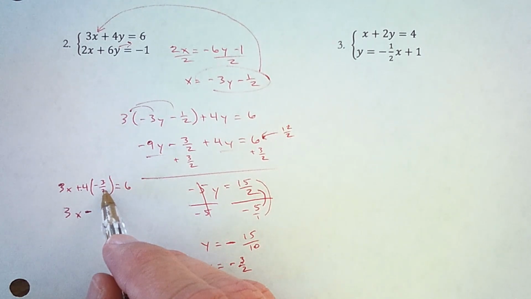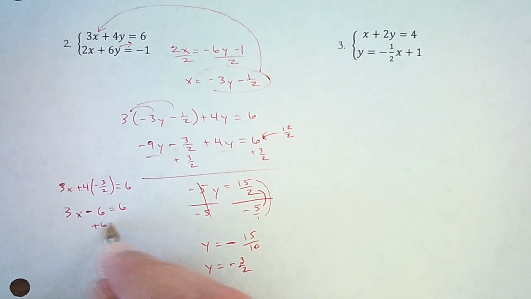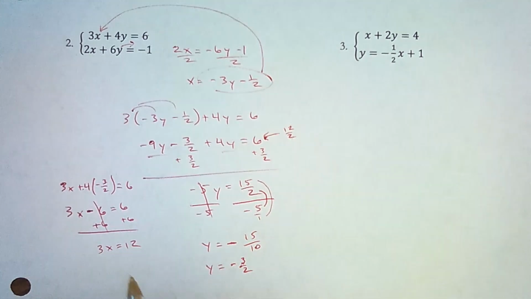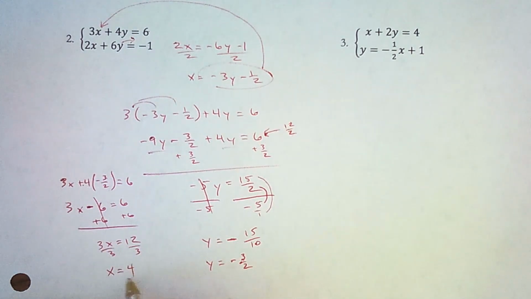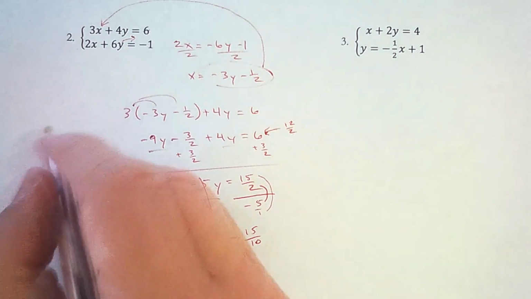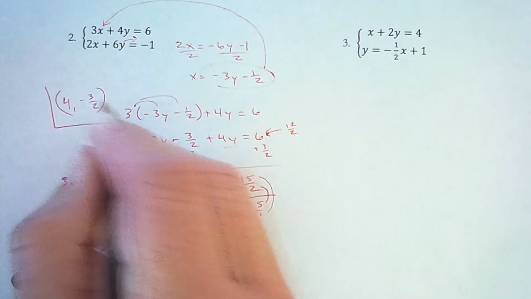Divided by 2 is 6. And now I'll add 6 to both sides. 3x equals 12. And divide by 3, so x is 4. So my solution is 4, negative 3 halves.